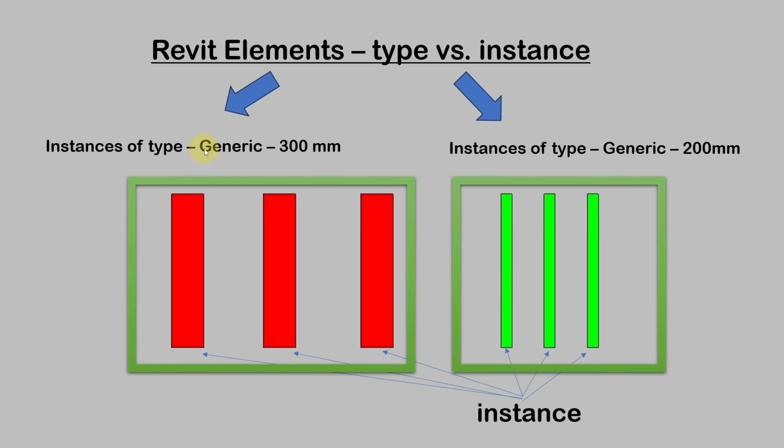If I change something in the type generic 300 millimeters, all of these red walls will be affected. If I change something on only this one instance, which is green, it will affect only this instance and not any other walls. If I change something on the red wall instance, it will affect only this wall and not the other walls. So this is the biggest difference between instance and type parameters or changes in Revit.